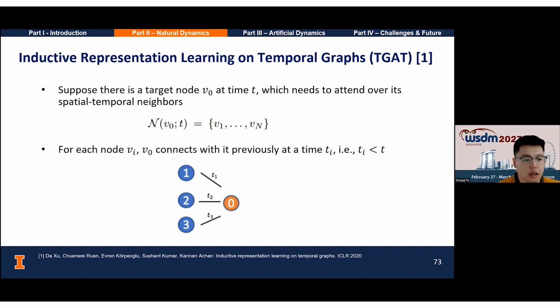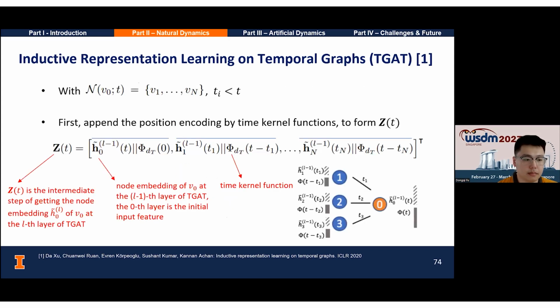For example, v0 connects to vi at ti, and v0 connects to maybe vn at tn, something like that. So each connection has a different time step.